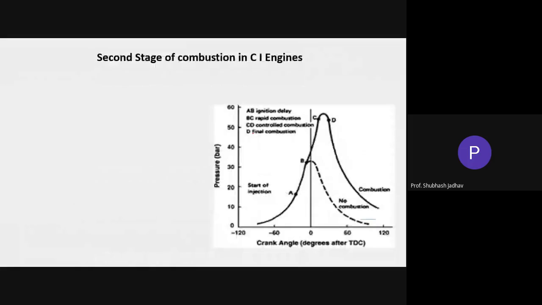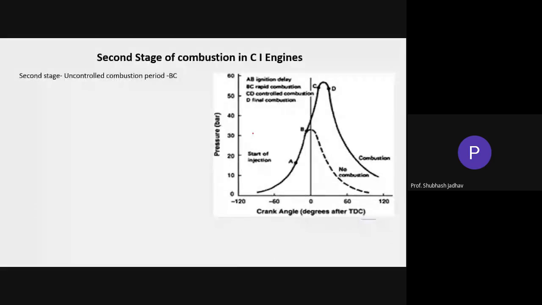Next is the second stage of combustion, that is B to C. The second stage of combustion is called the uncontrolled combustion stage or rapid combustion stage. What is point B? Point B is the point at which the combustion is supposed to start, or when the combustion curve departs from the motoring curve.